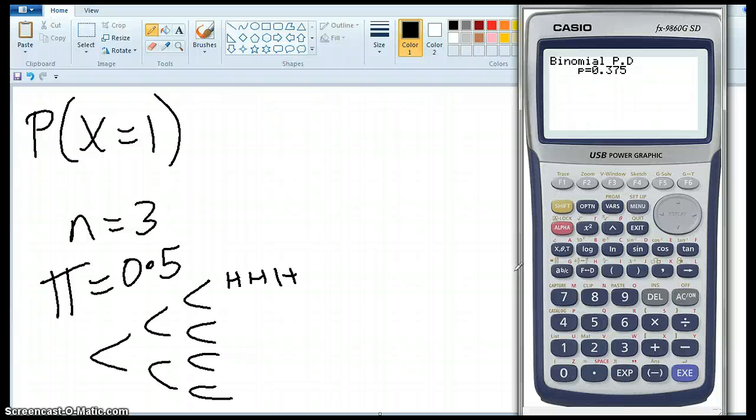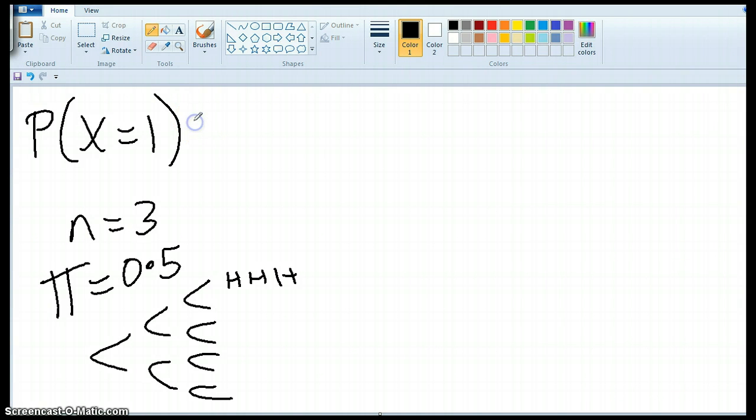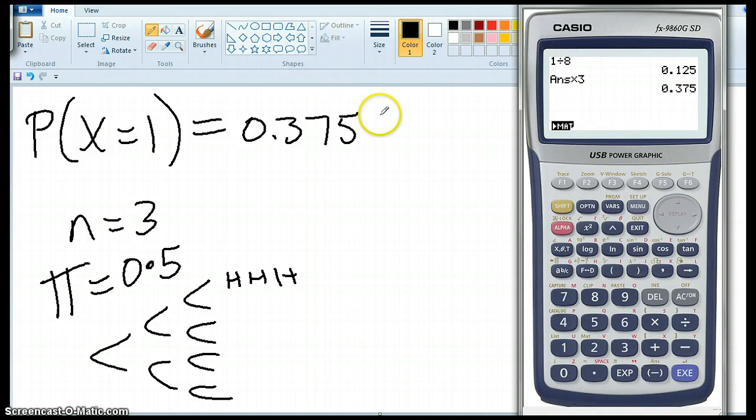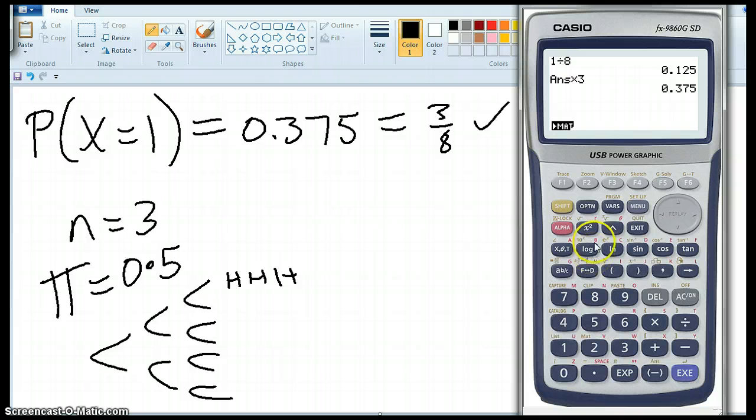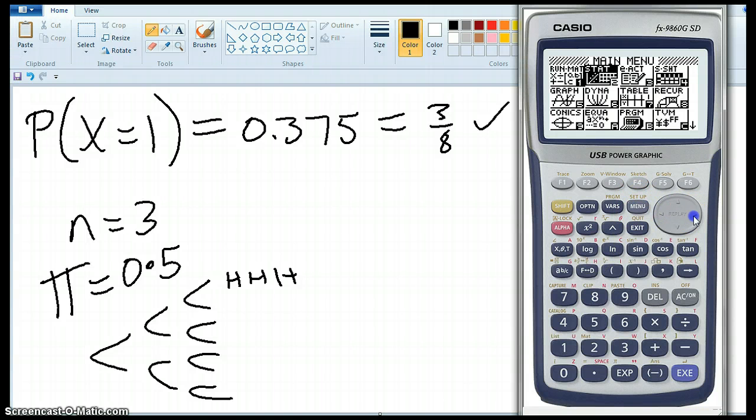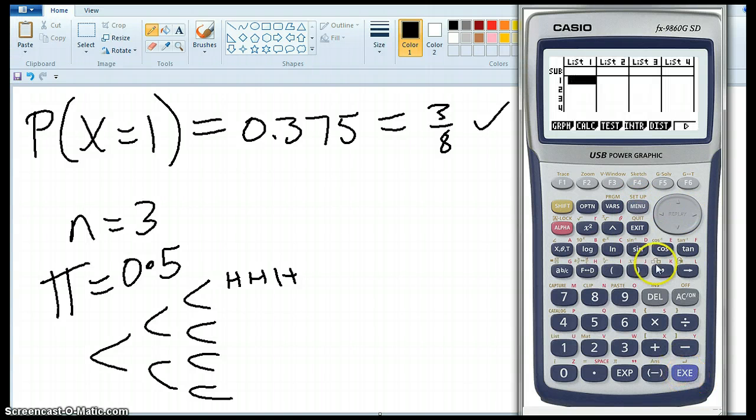So we get 0.375, which is? Can you remember what it was for 1? The probability of getting one head was actually 3/8. So that did the same thing, but through your calculator. Back to here. So now you get the idea.